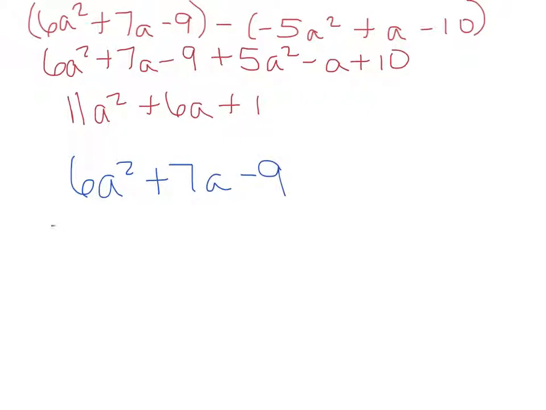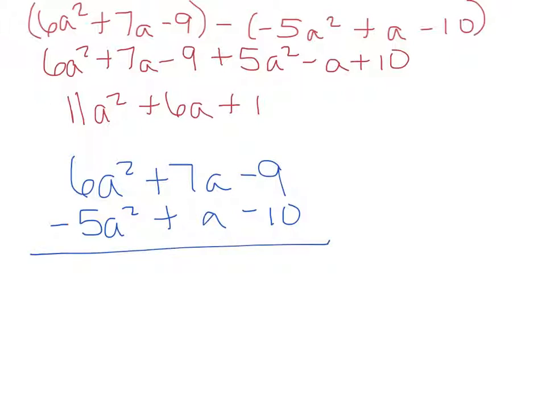Your like terms are already in the correct order. So negative 5a squared plus a minus 10. But this one's a little bit trickier. You have your minus sign out front here. And you have to remember when you do things like 6a squared minus negative 5a squared that you end up with 11a squared. Because when you minus a negative, you end up adding.